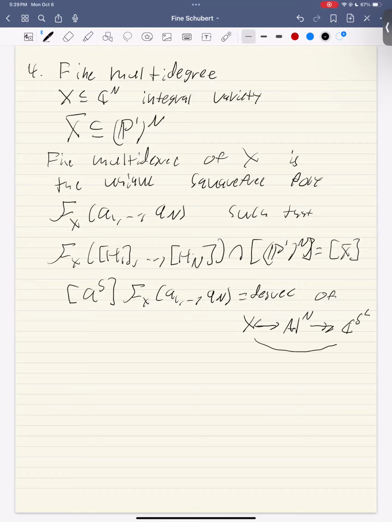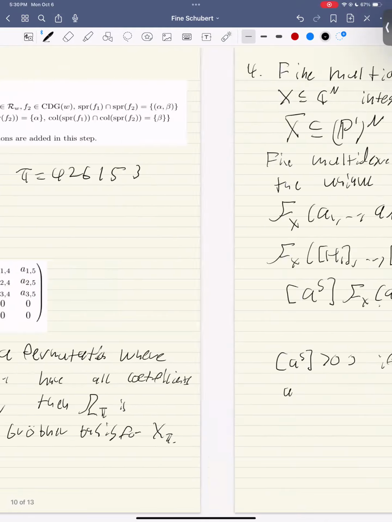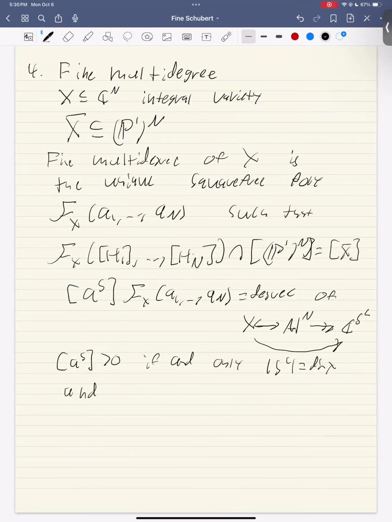The degree of this map is the coefficient of A to the S. So the coefficient of A to the S is greater than 0 if and only if the size of S complement is equal to the dimension of X, and the map is dominant.